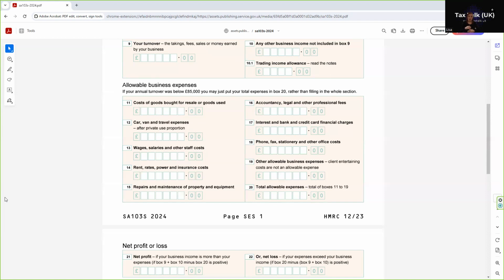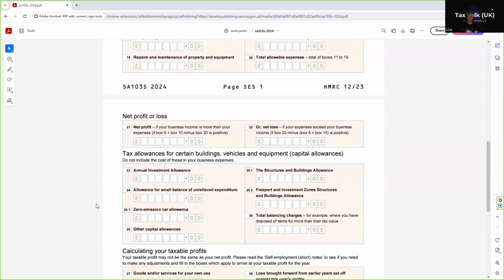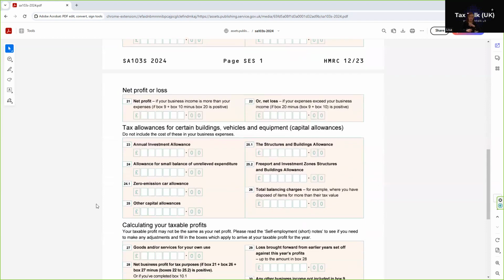Obviously, if you've made a loss, we're not going to explore losses in this video, but it is important that that's logged, even if you have made a loss, so that it can be utilised efficiently if relevant. And then you would come on to any capital allowances.